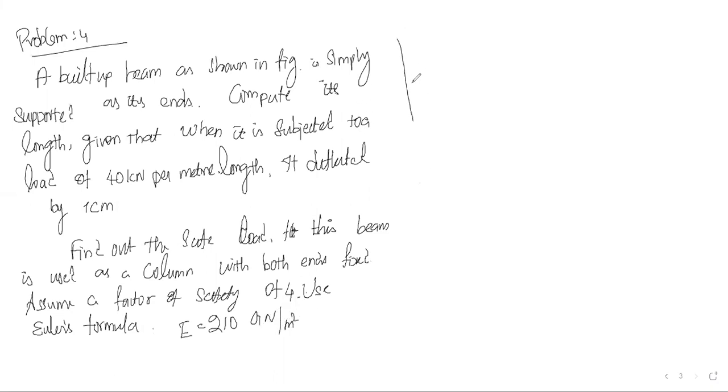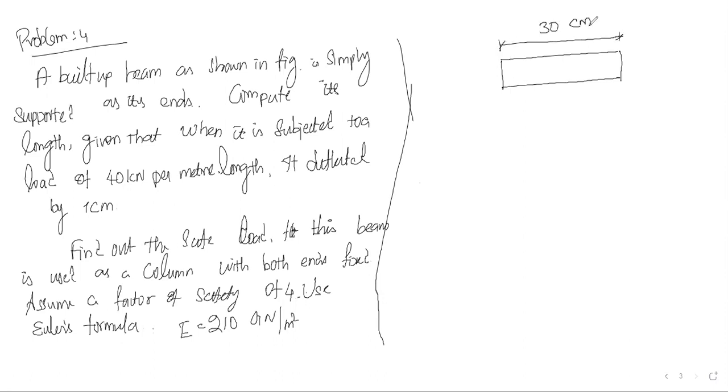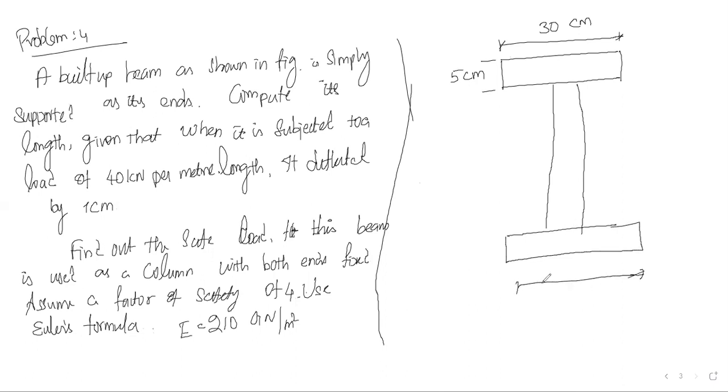So first we will draw the figure. They mentioned that the built-up beam has flange dimensions of 30 centimeter by 5 centimeter, and here also 30 centimeter by 5 centimeter.